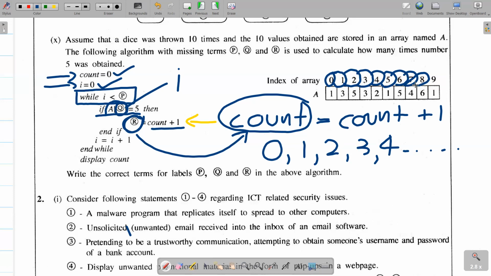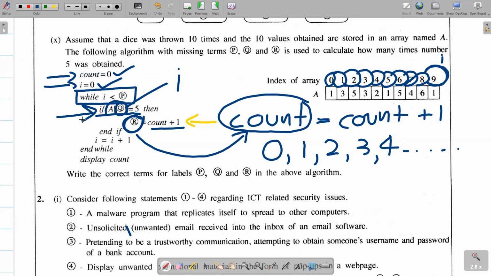So we have to figure out how I is going to change. I comes up to 9. So when the value of I is 9, it still needs to compare that particular 9th element.